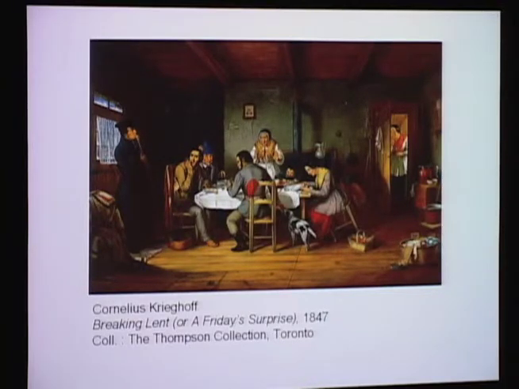So what happened, of course, these guys were, let's say on Friday, you were supposed to eat fish and no meat. And what they eat there, it's porc frais, that is terrible. It's a pork côtelette. And suddenly, the vicar come and surprise them, you see, in the middle of breaking the land or breaking the Friday things.